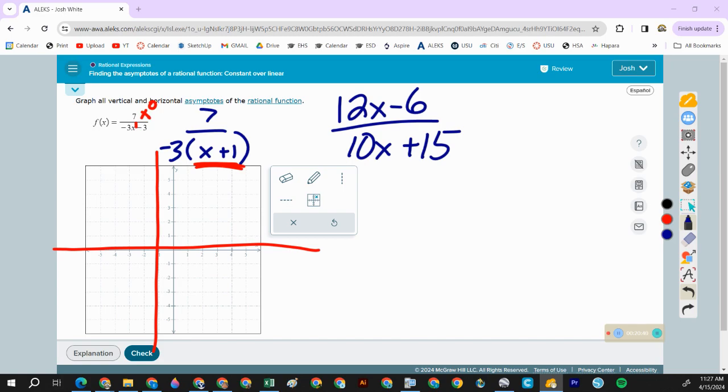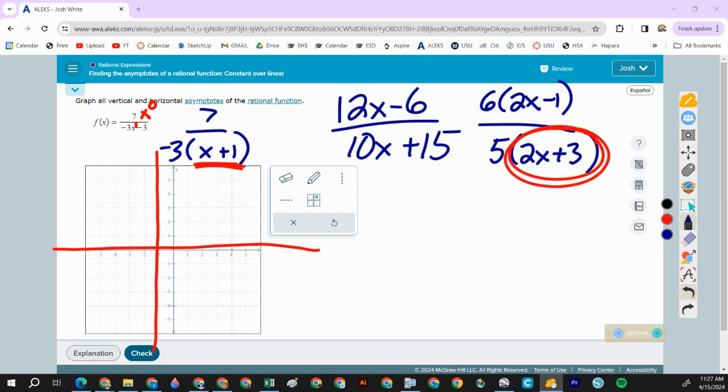So the top becomes 6 times 2x minus 1, and the bottom becomes 5 times 2x plus 3. So I have a vertical asymptote at, what is the root associated with 2x plus 3? Set that equal to 0. Subtract 3, divide by 2. So negative 1.5.